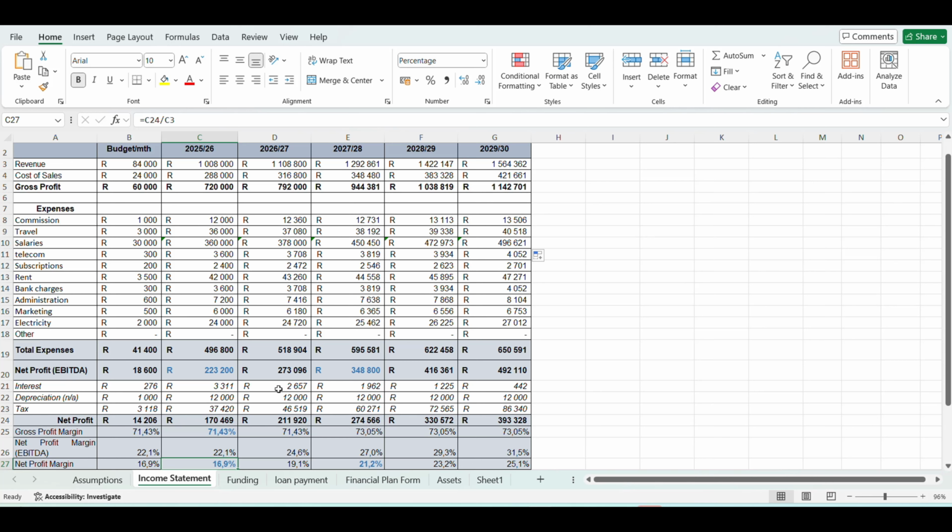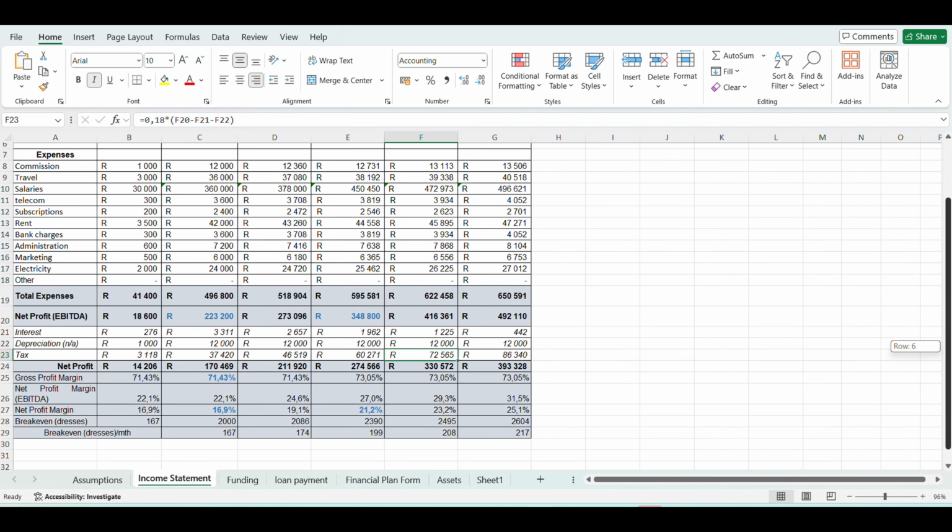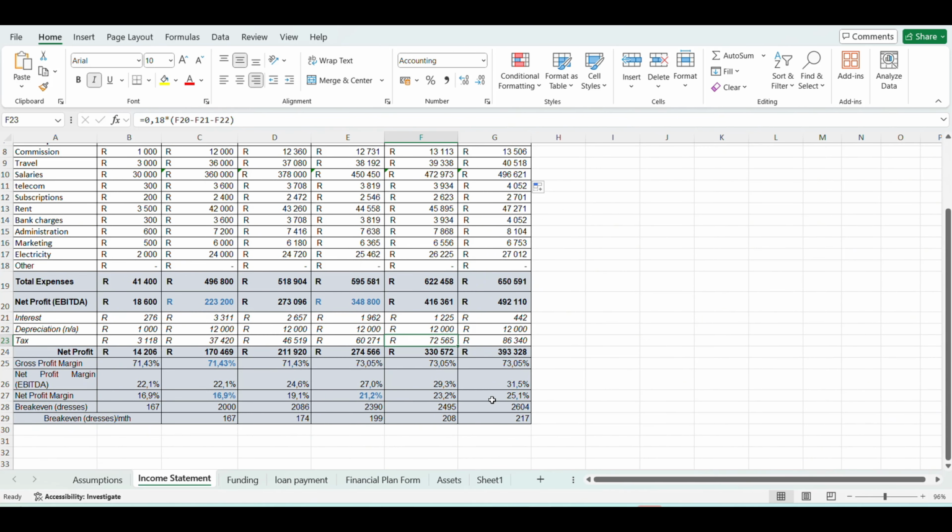And then after the tax and the depreciation and the interest, it's 16.7% in year one. And it increases slightly. Okay, so that's not too bad. Remember, we said a net profit should be around 20%. So you could still play around with these figures to get it up to 20%. And that could be by increasing the selling price like we did the last time.